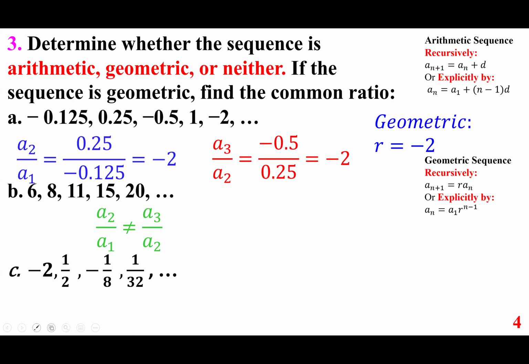So you can write, for example, right here is 8 over 6, the same as 11 over 8? The answer is no. If you do the cross product, they're not the same. Just for the sake of argument, if you recall, the cross product must be the same, right? This is 64, this is 66. And right away, that shows that it's not a geometric sequence.